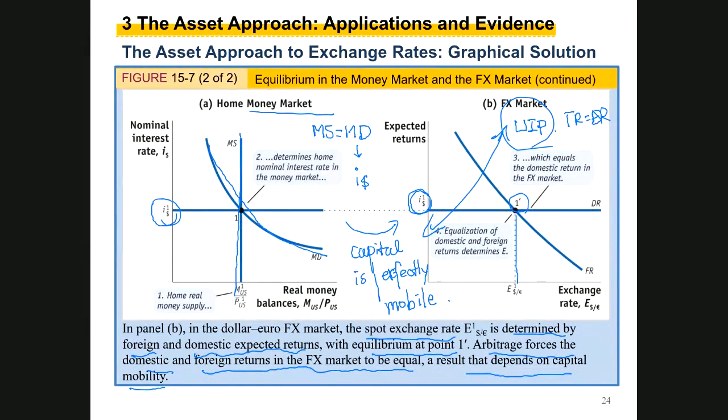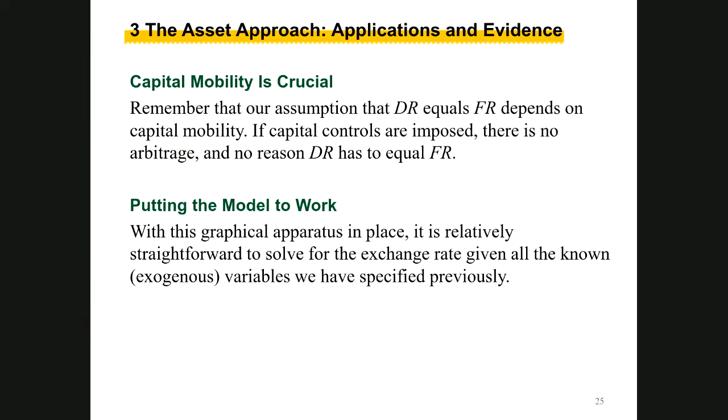Okay, so once again, the capital mobility is crucial, right? Because if this does not hold, the equilibrium cannot hold, the UIP will break down. Okay, and now we need to use this model to analyze more in the short run.